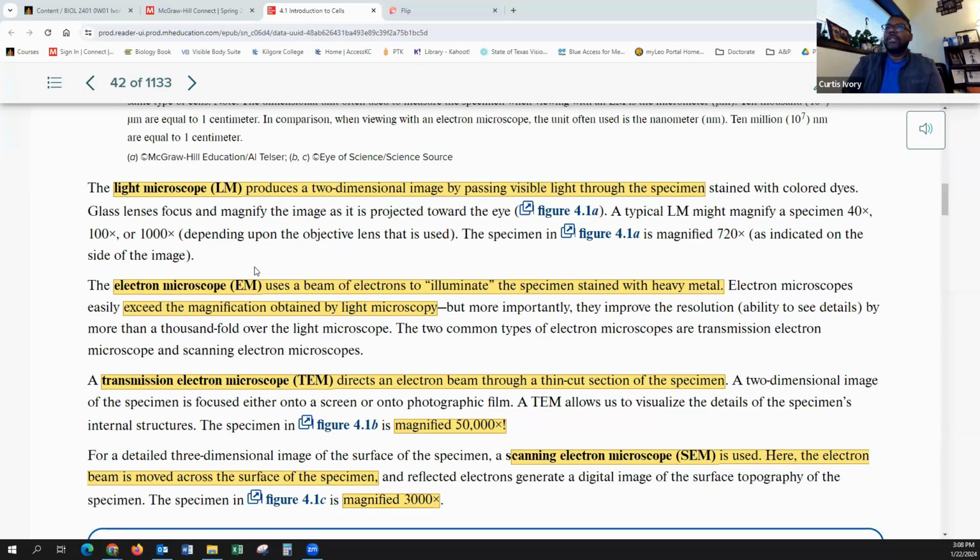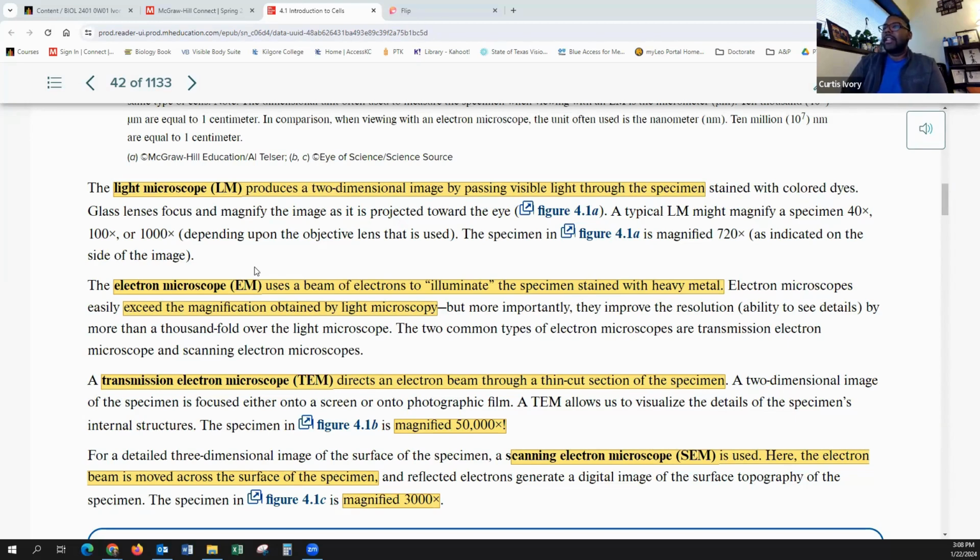In transmission, it actually shoots direct electron beams through a thin slice of the specimen. It can even get to the point where we can magnify it by 50,000. So we have to get a lot of magnification to be able to see it.